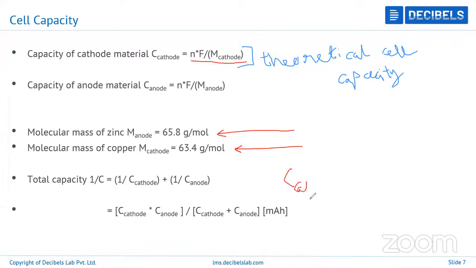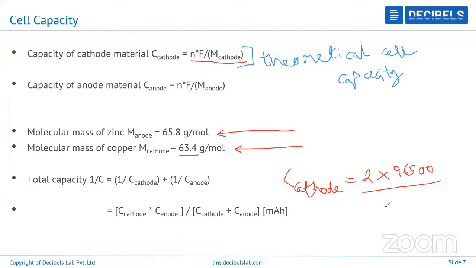C cathode is equal to 2 into F, which is 96,500 coulombs, divided by M cathode, the molecular mass of cathode, which is 63.4.